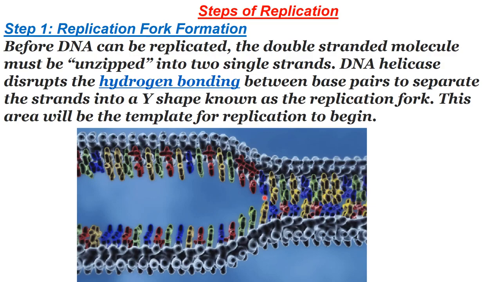Now these hydrogen bonds are broken by the enzyme DNA helicase, and you can see that by breaking of hydrogen bonds the two strands have been separated. This Y-shaped structure is formed here, and it is called the replication fork. Now these two strands will act as templates and the replication process can be started.